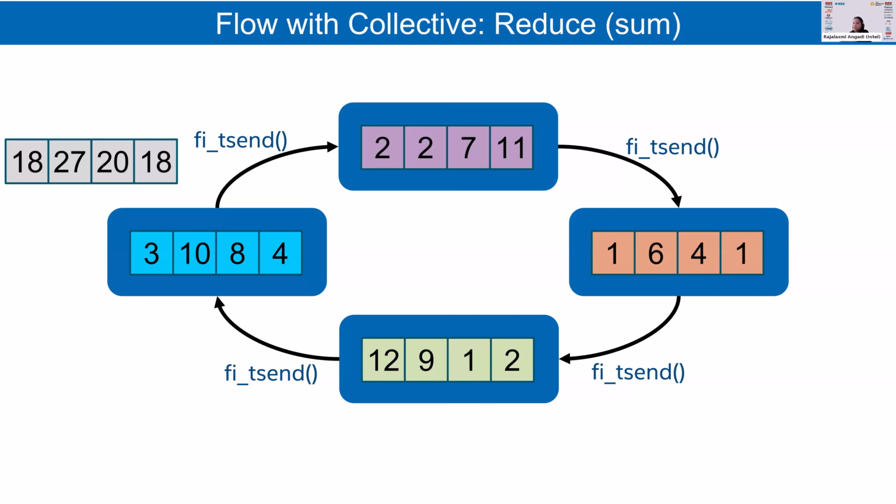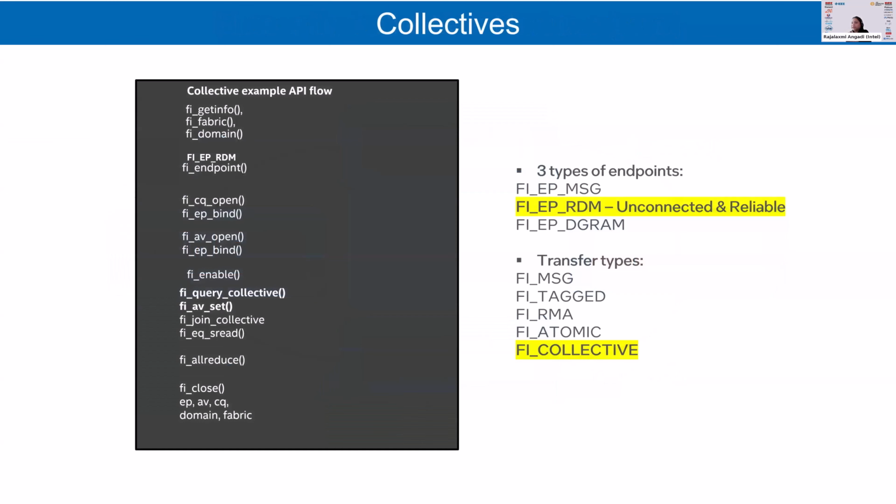Like I said, there are much better algorithms to do these kinds of things, but here we see that there is a connection establishment, there are sends that are happening between the nodes. So let us look into the Libfabric collective APIs itself.